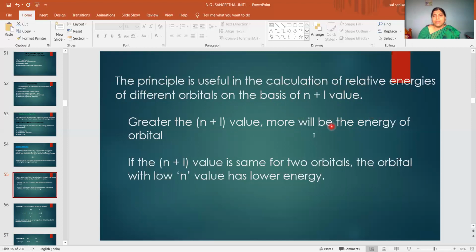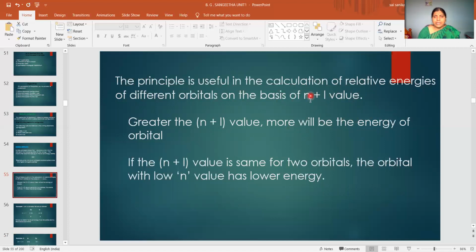If you know the less energy and more energy of the orbitals, then only the electron will go to that orbital. So we'll see how we will find out the energies of the orbitals by taking this n plus l value.